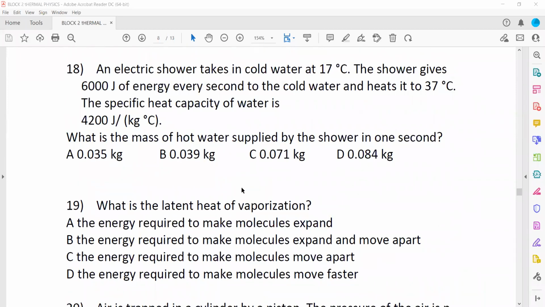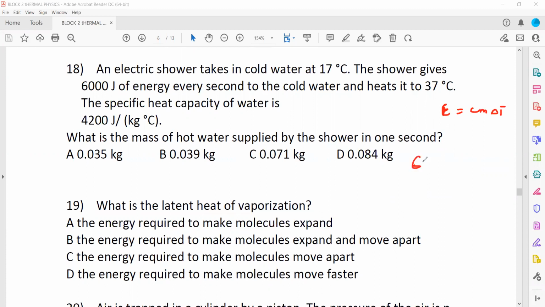An electric shower takes in cold water at 17 and gives 6000 joules every second. The specific heat capacity of water is 4200 joule per kilogram degree centigrade. What is the mass of hot water supplied by the shower in 1 second? So we basically need the mass. We have the formula E = c m ΔT.